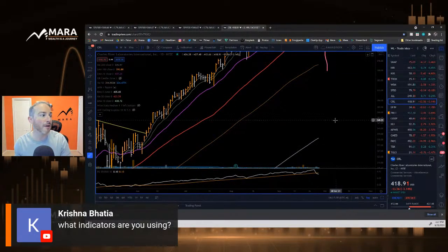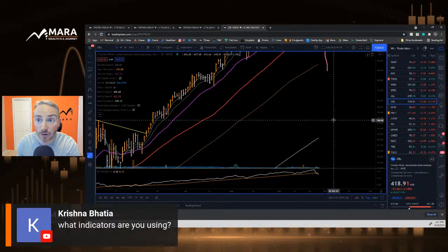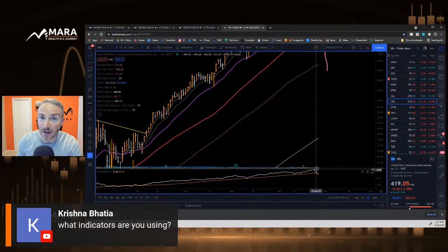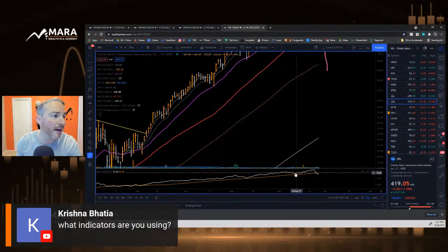versus the S&P 500. Now, the reason why that's important to me is because I want to trade stocks that are leading the market higher. And one of the best proxies for the market is the S&P 500. So if this line is moving up and to the right, then that's one sign that it's a leading stock.